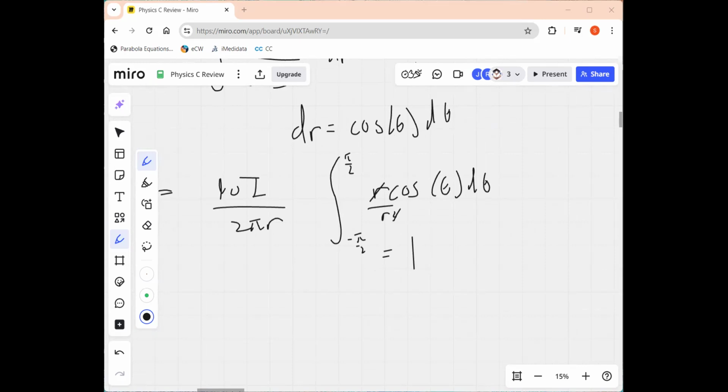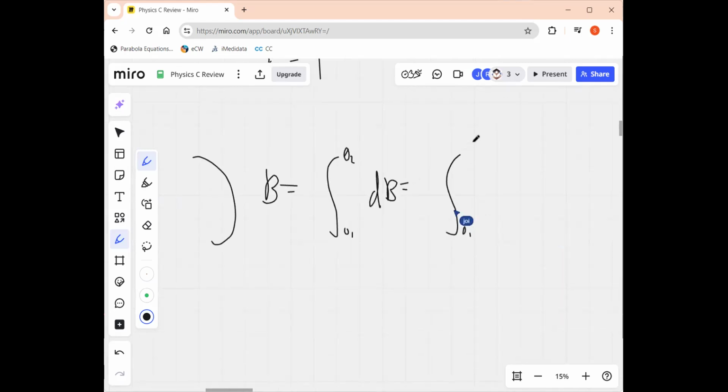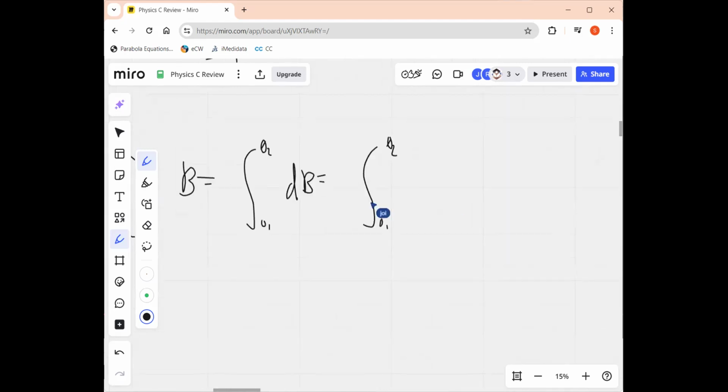And then in the case of a funny circle thingy, which we are going to do because I feel like it, B equals integral. So in this case, B equals integral from theta 1 to theta 2 of dB equals integral from theta 1 to theta 2 of mu naught over 4 pi I d theta over r.